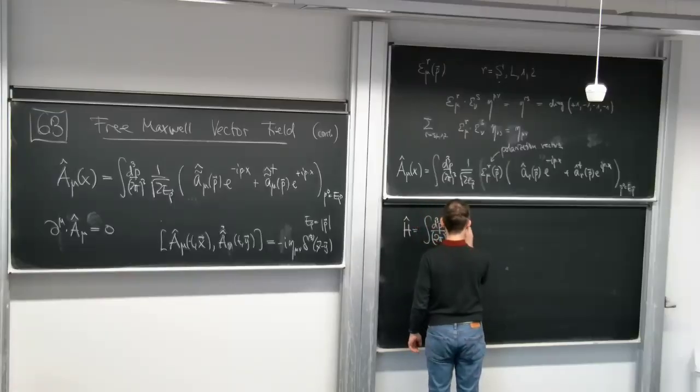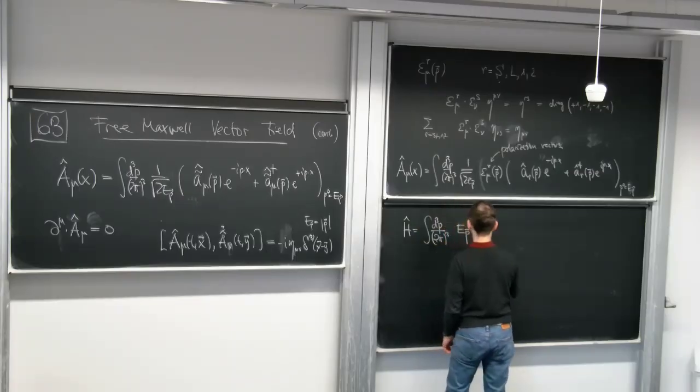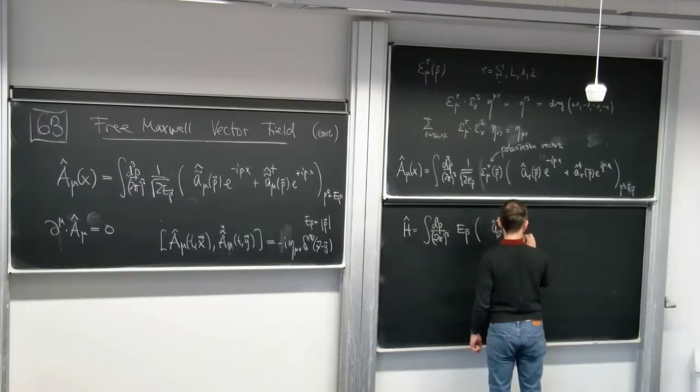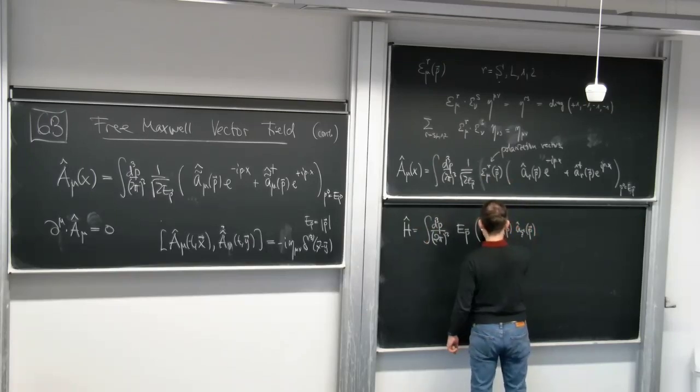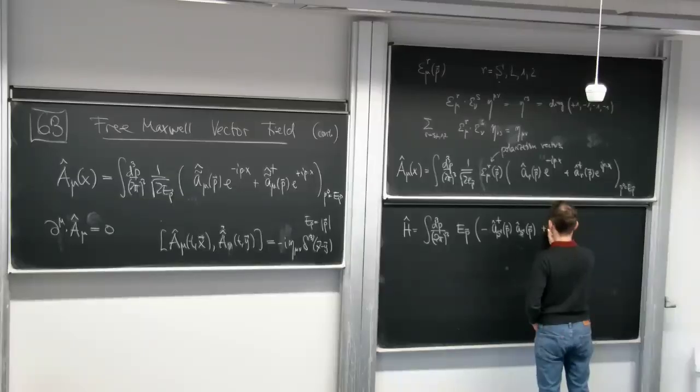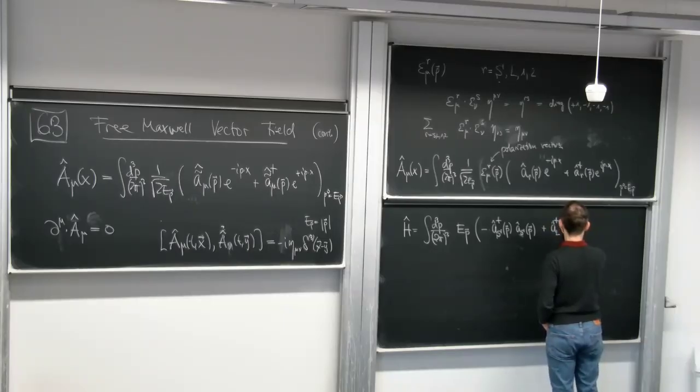So it's this p vector, and then you can plug this all in and get a_s dagger p a_s p E_p with a minus sign, plus a_l dagger a_l, and then 1 and 2.